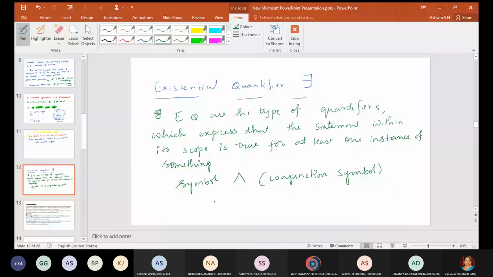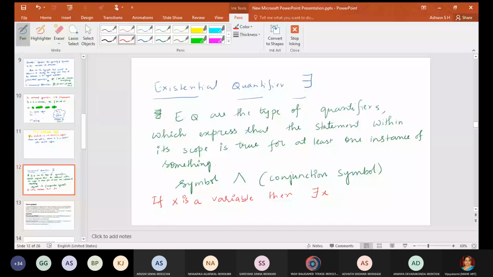If x is a variable, then existential quantifier will be like this. So this is how we represent.